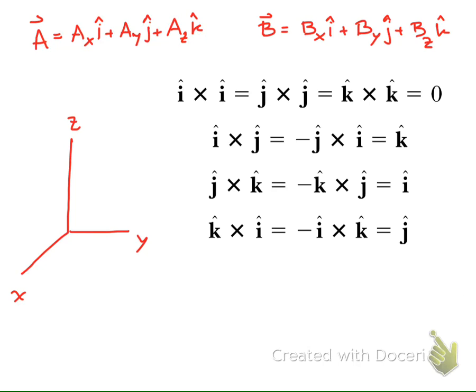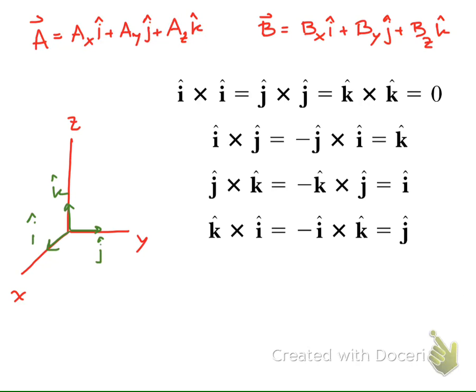And we have unit vector i, unit vector j, and unit vector k. You can see that it is quite obvious that if we do i cross j, following the right-hand rule, i cross j will point in the direction of k, right? i cross j will point in the direction of k.